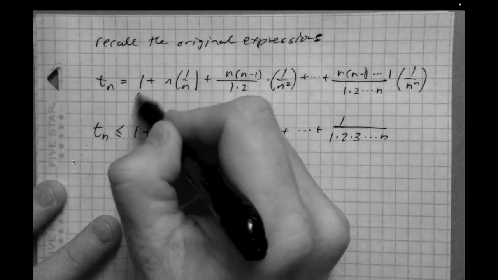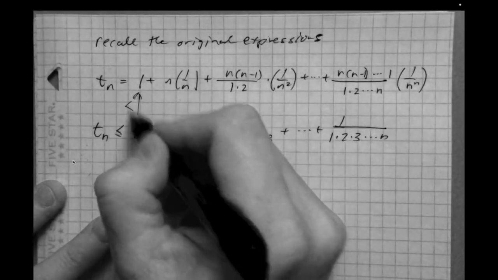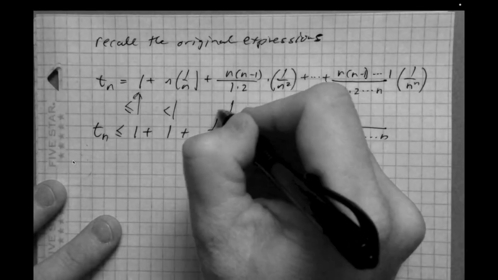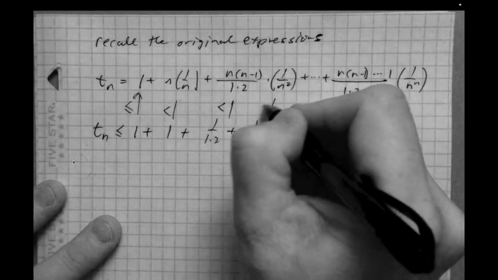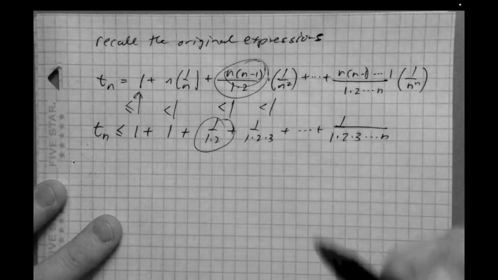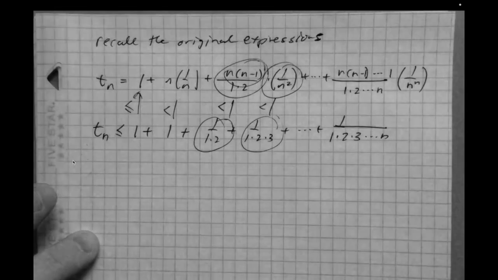So we've got a less than or equal to here. Here we've got a less than. Here we've got a less than. Here we've got a less than, right? So this is less than this. This is less than that, right?